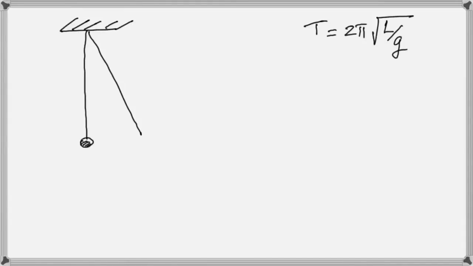As this pendulum is swinging, by the by, an ideal pendulum should be made of an inelastic string, should not stretch, and it should be a point mass. Point mass, practically impossible, so we'll substitute a metallic sphere, a ball or something.